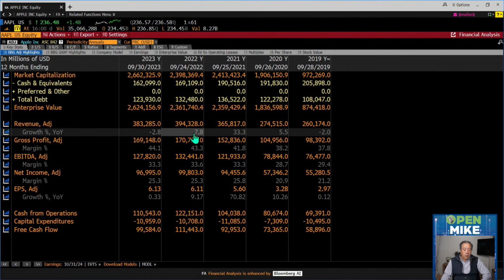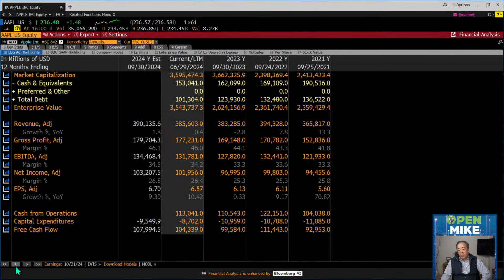And now what we're looking at is 2022, much slower growth, and then last year, full year, ending September 30th, we actually had negative year-on-year top-line growth. That's not even inflation adjusted. So that's obviously a negative.